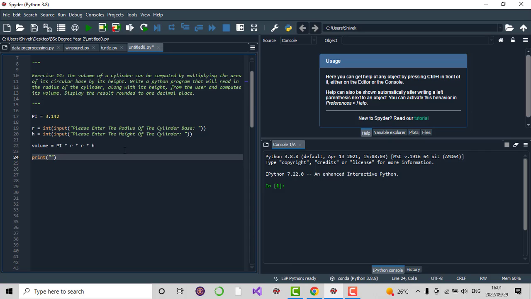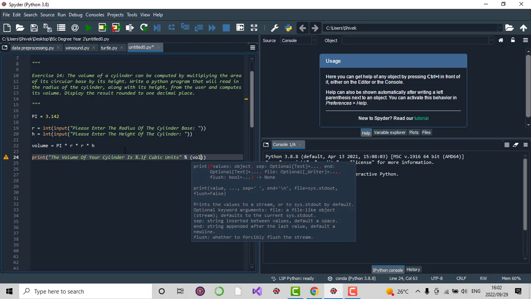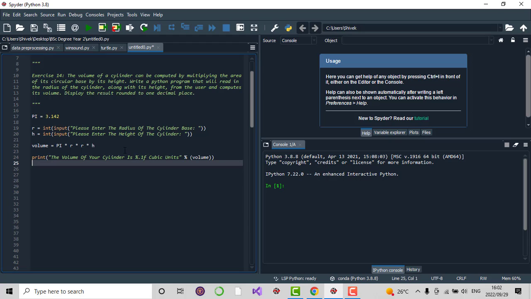So let's come into this print statement and write: the volume of your cylinder is %.1f cubic units. And let's format this placeholder, passing in the value for volume. That should be good, guys.